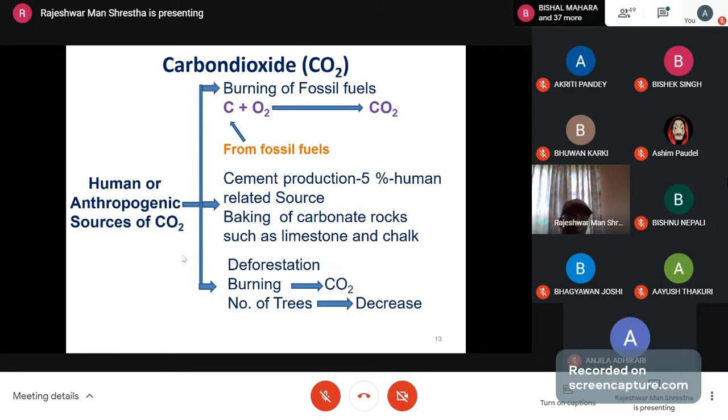And in this process, the number of trees will decrease, and then there will be less carbon dioxide consumed by trees. When we do deforestation, it causes a decrease in the number of trees, and that will decrease the consumption of carbon dioxide by plants.